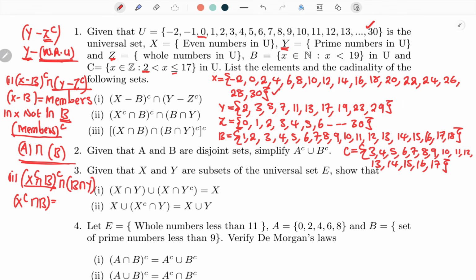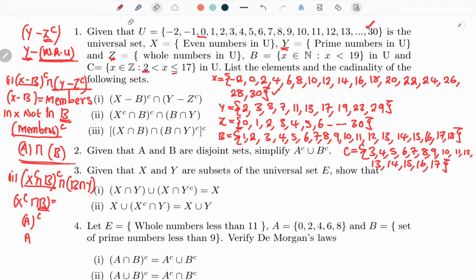Then you intersect those values with B. Let's say when we intersect those values with B, we remain with A. Then you find the complement of those values: you also remove them, then collect whatever remains in the universal set. That becomes your set. So let's say the set that remains is called your A prime.